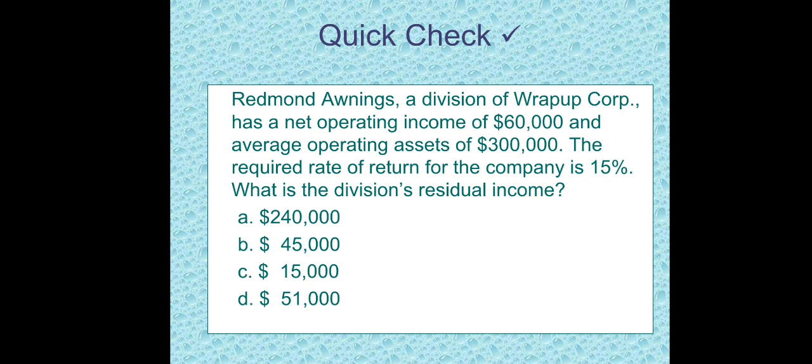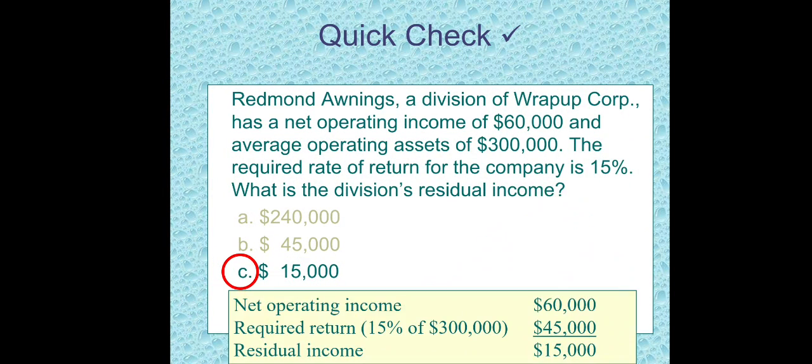Like I said earlier, to calculate residual income, you have to do two steps. First, you calculate the required income: average operating assets times the required rate of return of 15%, which is $45,000. So $60,000 minus $45,000, the residual income is $15,000.